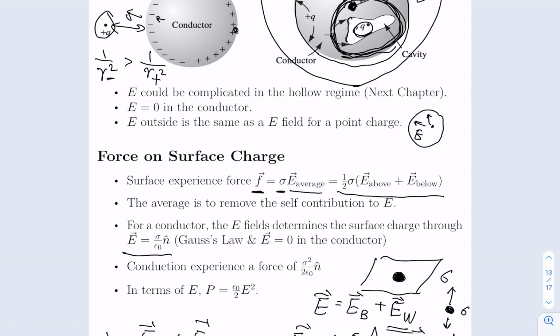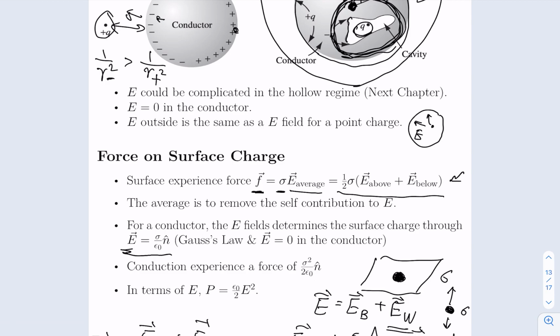That readily gives us the force on a conductor: if we simply plug this E field into the expression here, that gives us sigma times E divided by 2, which is sigma squared divided by 2 epsilon naught.